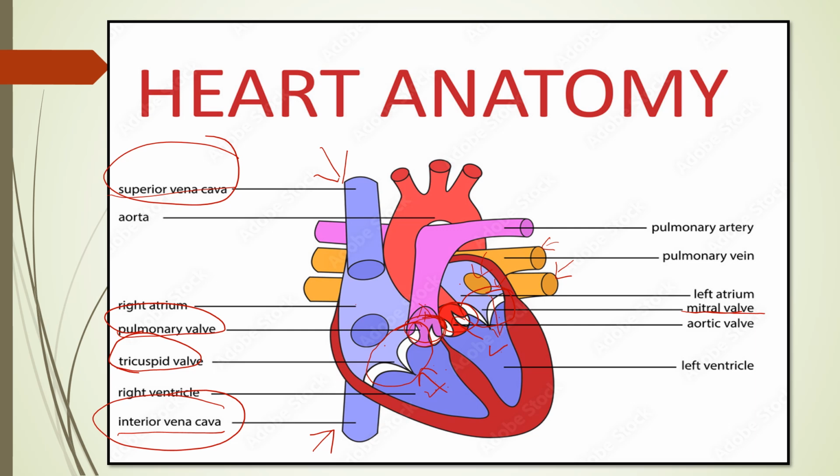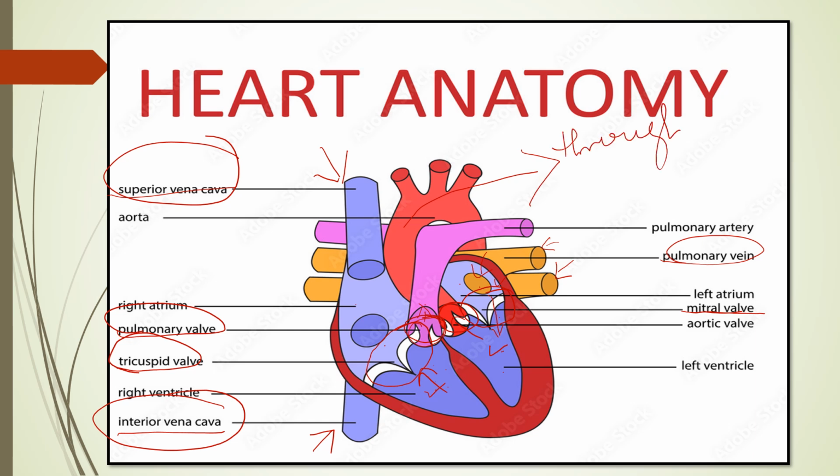It is being pumped through the pulmonary artery to the lungs, where it is getting fresh oxygen and is oxygenated. Then through the pulmonary veins from the lungs it is brought again to the heart, and from the left atrium to the left ventricle, through the aorta it is transported throughout the body.